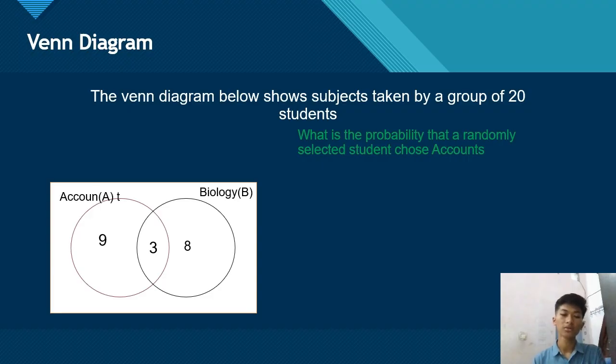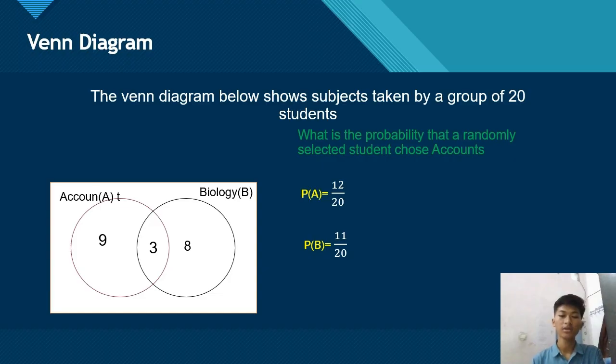The accounts total is 9 plus 3, this circle, which is 12 over the total of 20. So the probability is 12 over 20.